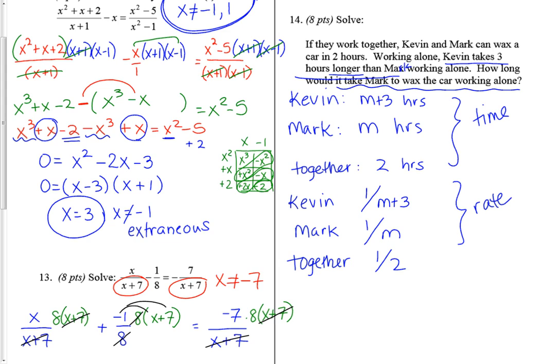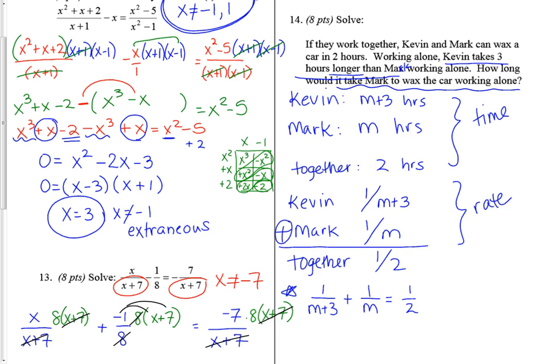So what I'm doing here is I'm adding Kevin and Mark together to get the together total. So I have 1 over m plus 3 for Kevin's rate. I have 1 over m for Mark's rate. And together that has to equal one car in 2 hours. So this is the rational equation that I'm solving.